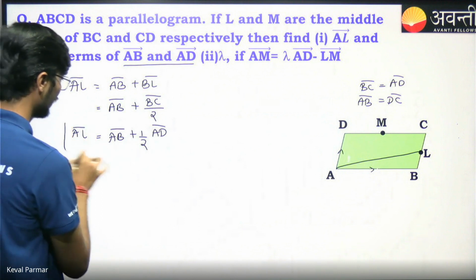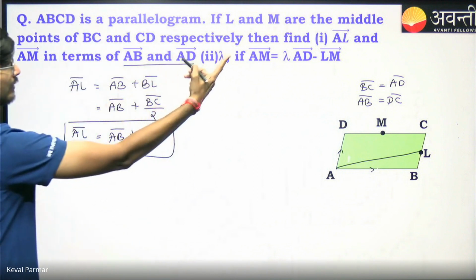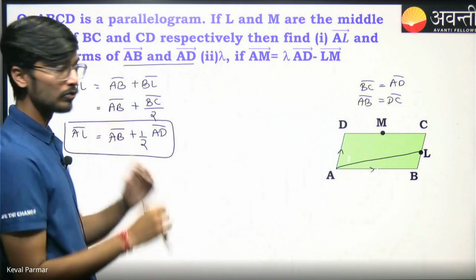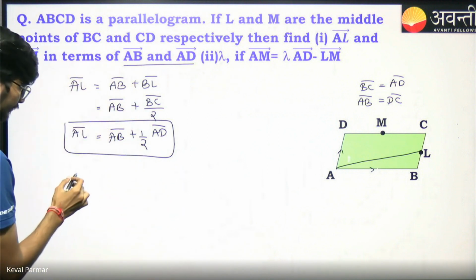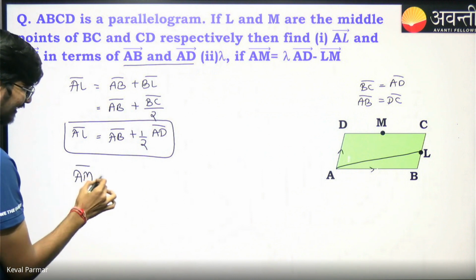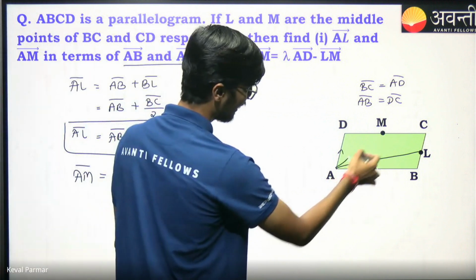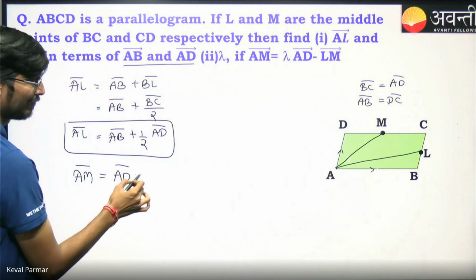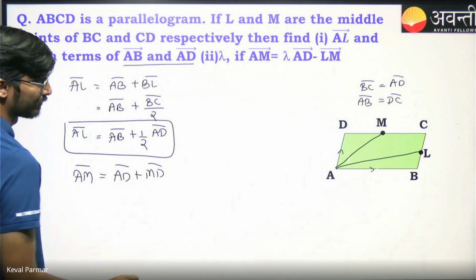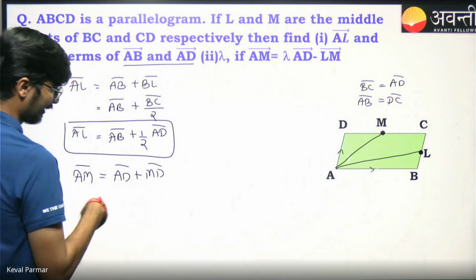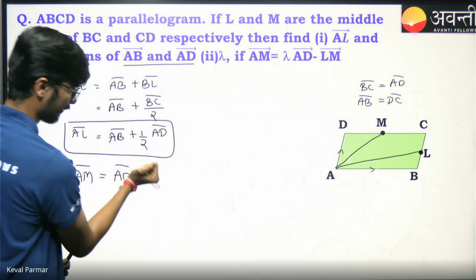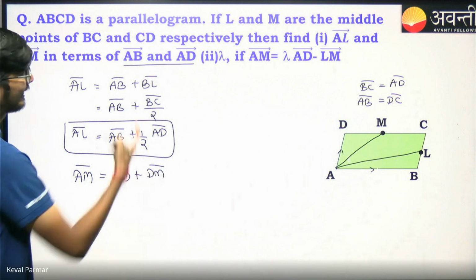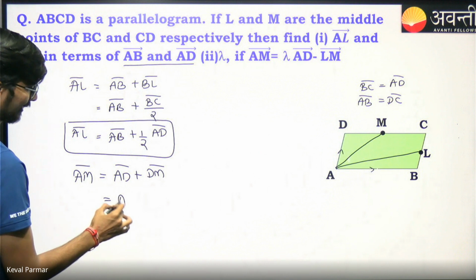The first required, that is AL bar in terms of AB bar and AD bar. Next, we have to also find AM bar. So what can I write AM bar as? By triangle law, I can write AM bar as AD bar plus DM bar. So I need AD bar, so I'll keep it as it is.